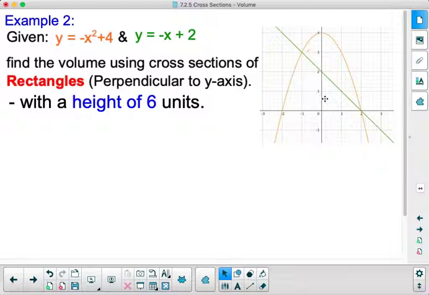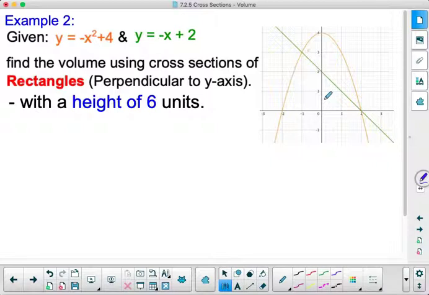The way it's going to read, they say to stack them perpendicular to the y-axis. What that means is my rectangles are going to sit like this, going from left to right. These rectangles are going to have a height of 6, so they're going to be 6 units tall. I still wish I could draw better for you guys.